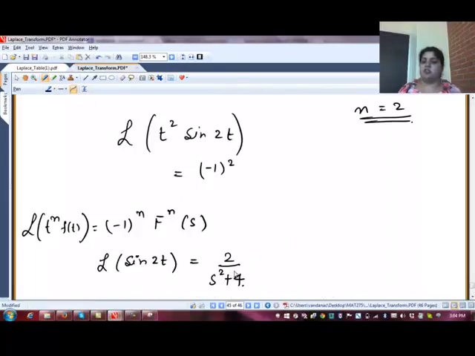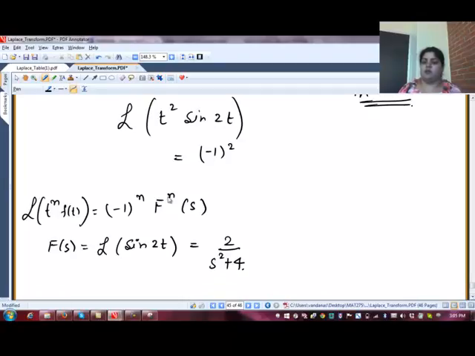So now you differentiate this. This is your capital F(s). Differentiate this twice and place it up here, and that would be your answer. So what I'm trying to say is this notation means the derivative of the Laplace transform of a function. So what is F prime of s here?